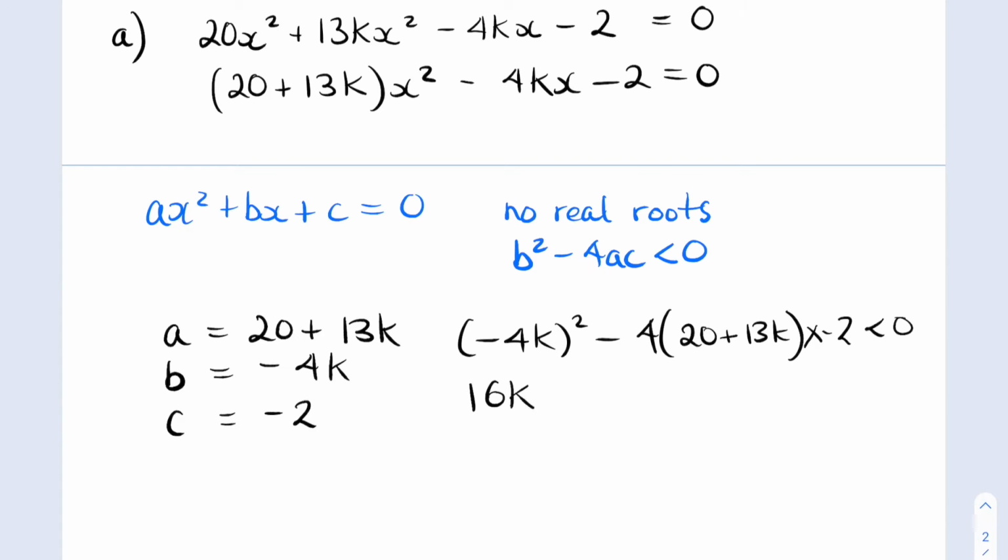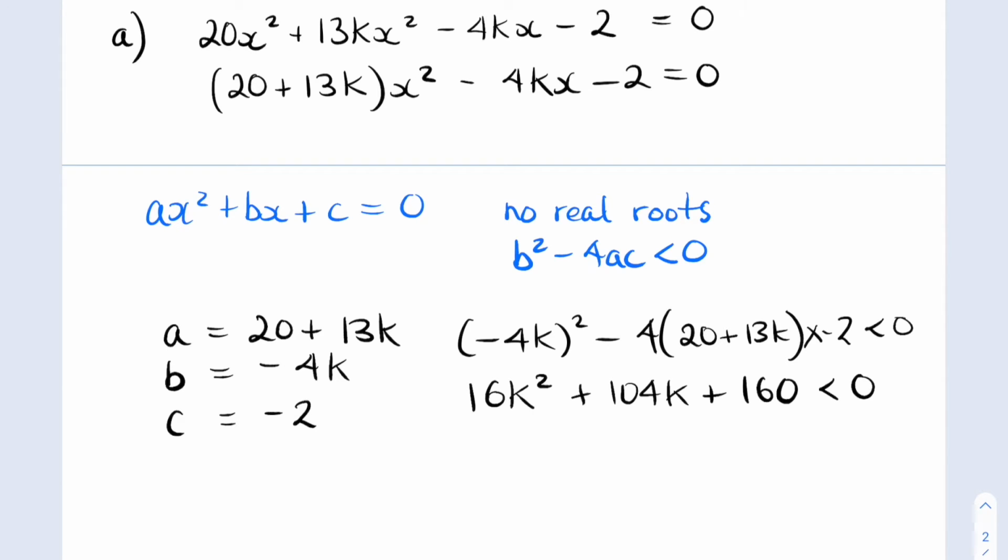So let's tidy that up. 16k squared, I've got plus 8, because I'm multiplying minus 4 by minus 2, positive 8 multiplied by 20, and positive 8 multiplied by 13k, so 13 times 8 is 104, and that's positive. And then 8 multiplied by 20, which is plus 160, and this should be less than 0.